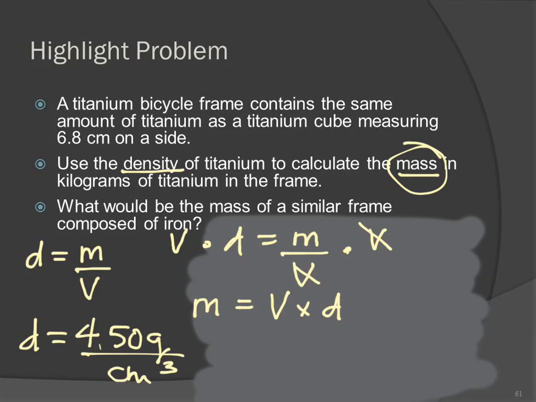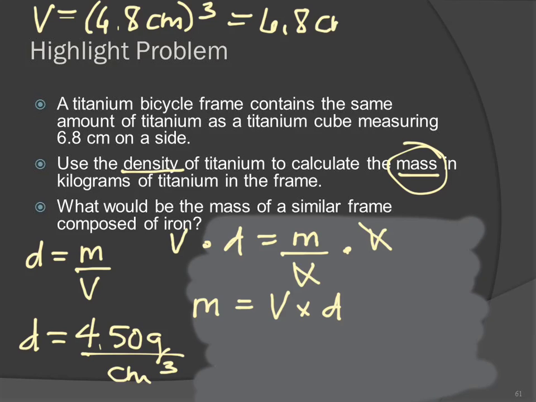Well, we know the density, we don't know what the volume is. So, can we figure out the volume? Yes, we can, because we've got this cube that's 6.8 centimeters on a side. So we have to calculate the volume separately. The volume is 6.8 centimeters, that whole thing cubed, or same thing, 6.8 centimeters times 6.8 centimeters times 6.8 centimeters.